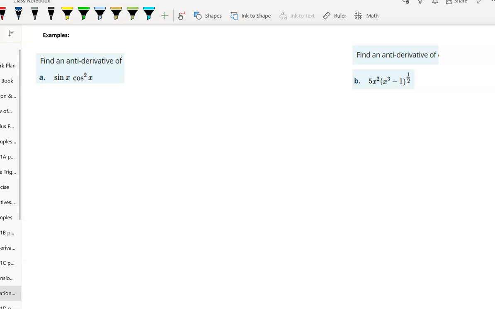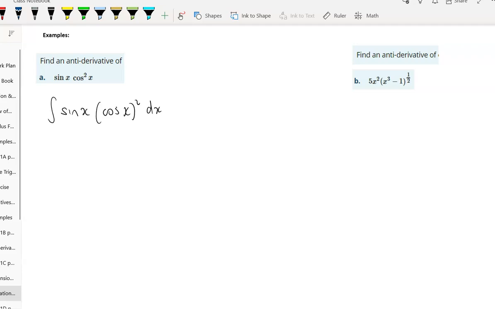So the first thing we're going to do is write that as an integral, sine x, and I'm going to rewrite cos x squared in that form. The reason for that is what I want to try and do is highlight some patterns that tend to occur if integration by substitution is going to work for you.